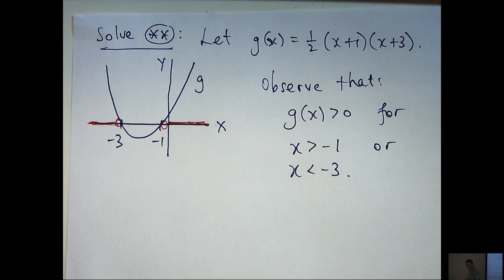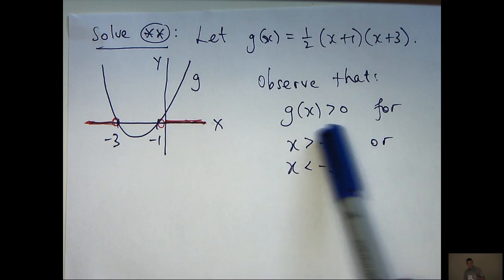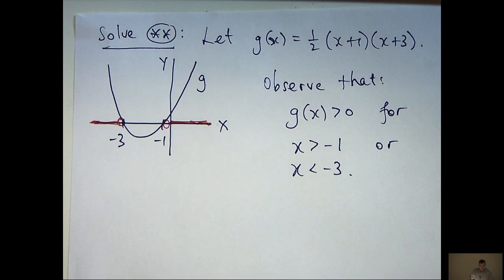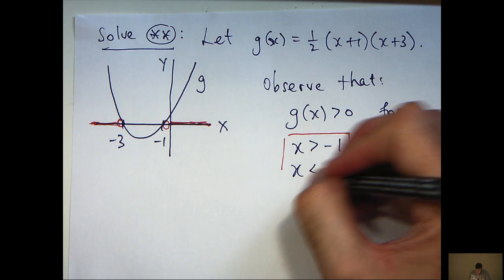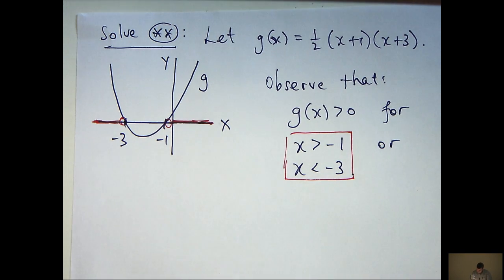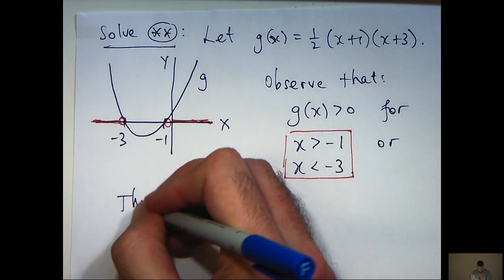We've solved the simpler problem, and we can go back, and these will be solutions to our original starred inequality. Okay, so let's make a conclusion.